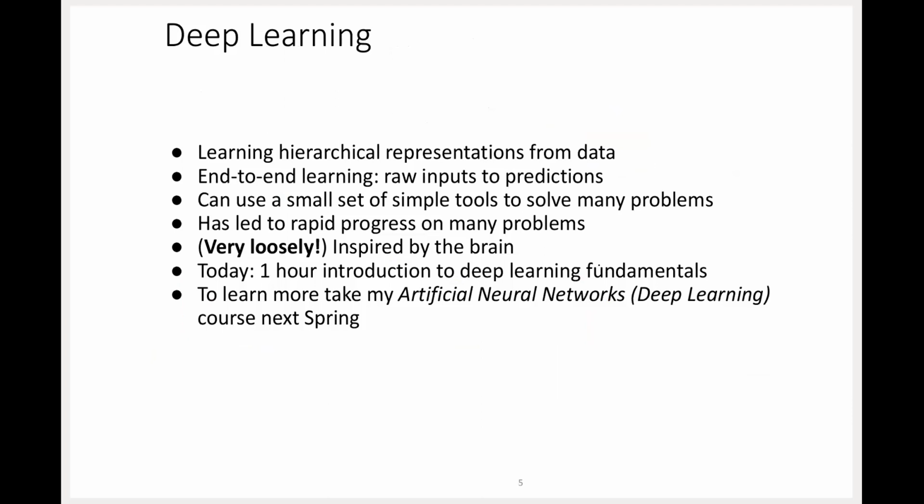It sounds fancy, but actually it's very simple. We'll spend maybe an hour today to give an introduction to neural networks in general. There's a buzzword you've heard people talk about a lot, deep learning. It's actually really just neural networks.